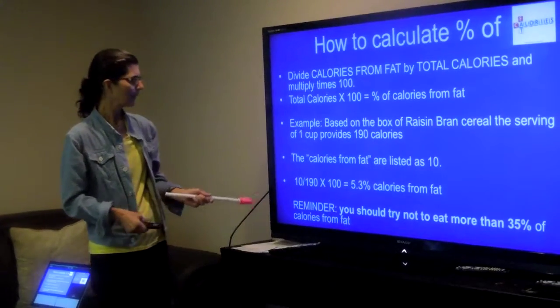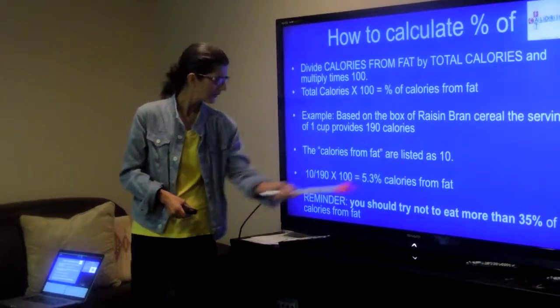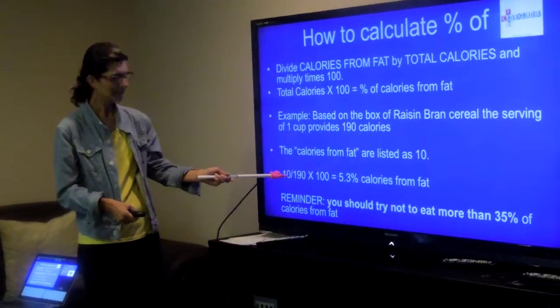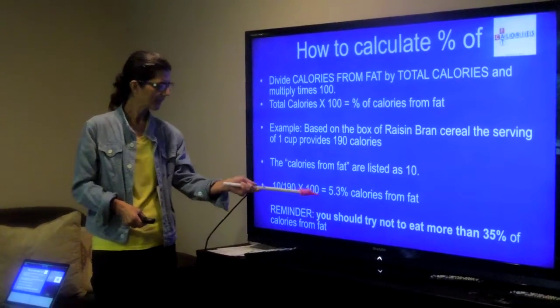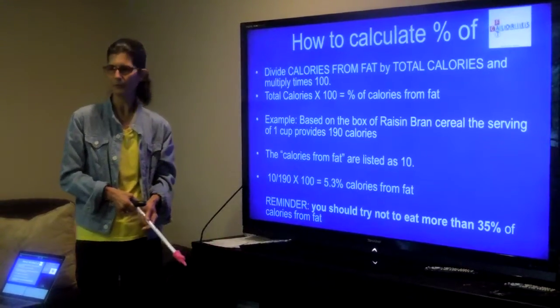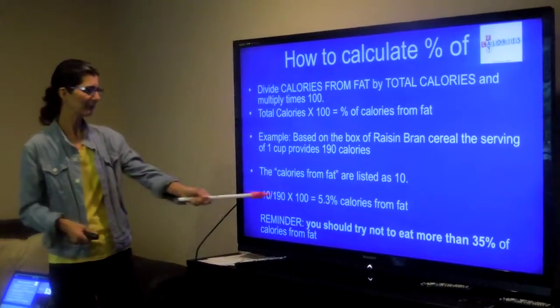So the calories from fat that is listed is 10. We divide the 10 by the 190, and then multiply by 100, and we get 5.3% calories from fat.